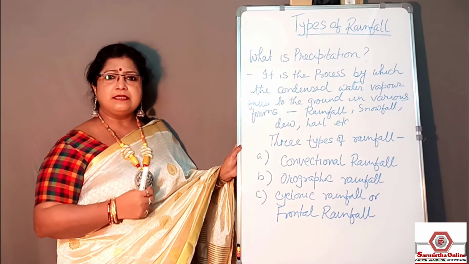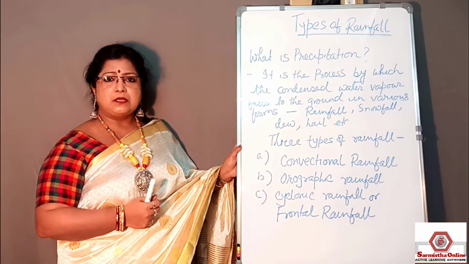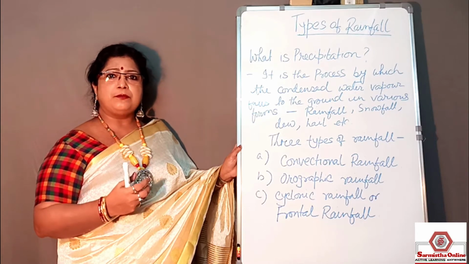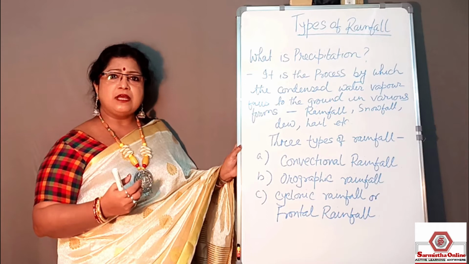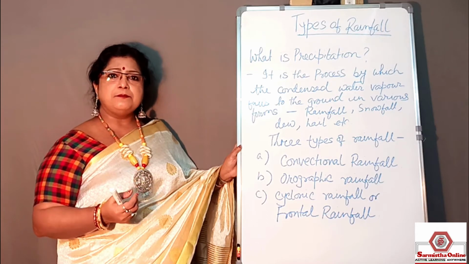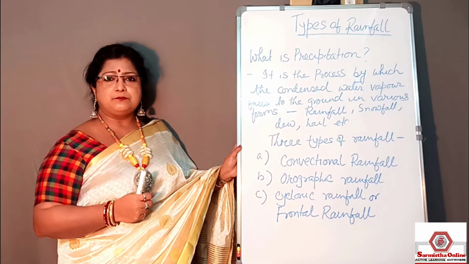Due to the condensation, the water vapor turns into water drops, and when the water drops grow bigger, it forms the cloud and becomes heavy. As soon as it becomes heavy, it comes down to the ground due to the gravity of the earth.